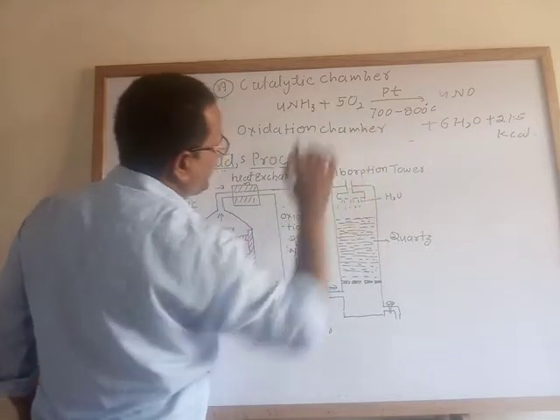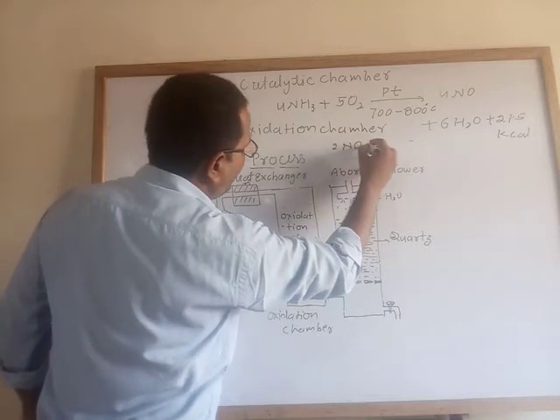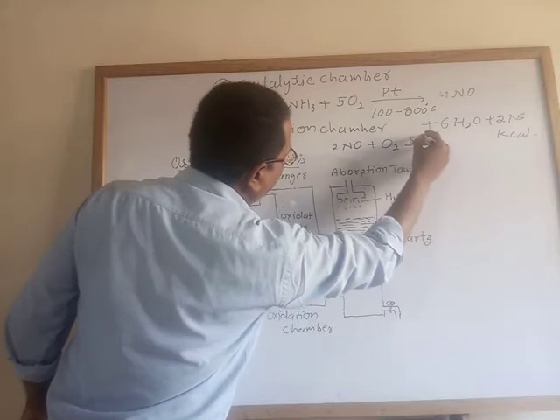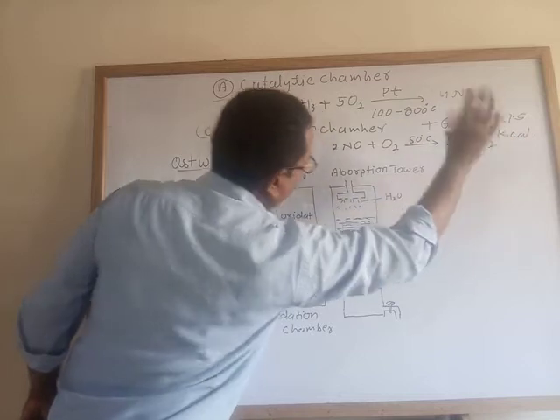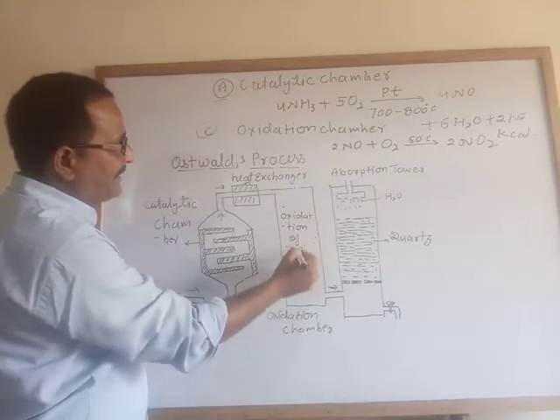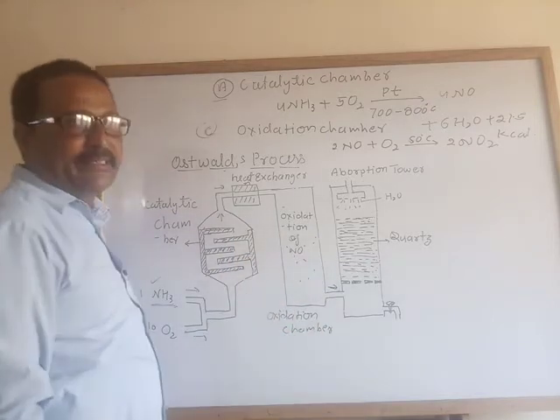In the oxidation chamber, the nitric oxide in the presence of oxygen at 50 degrees Celsius forms nitrogen dioxide. So it is called oxidation of nitric oxide, and this chamber is called the oxidation chamber.